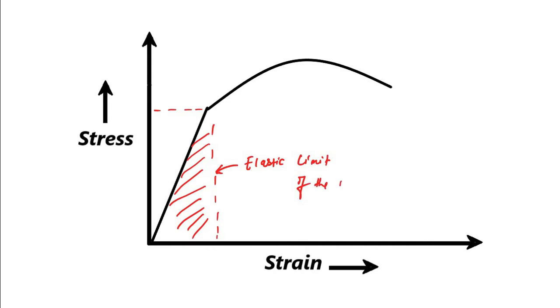This is a general stress strain curve. Depending upon the nature and composition of the material, the stress strain curve can vary. There is no hard and fast rule that all materials will have the same stress strain curve.